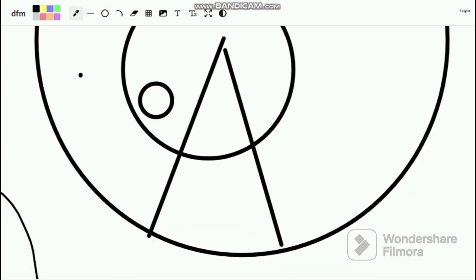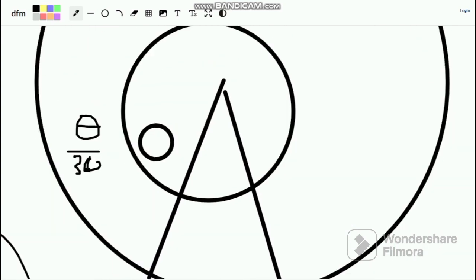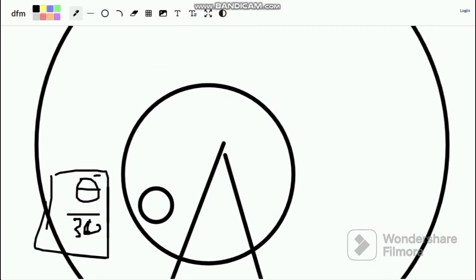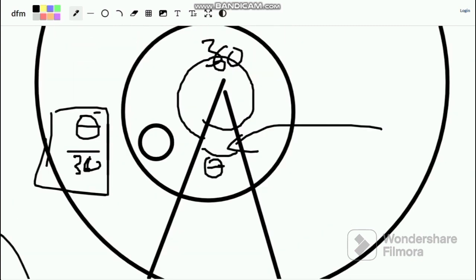It would be theta divided by 360. Theta is a Greek letter. If you are interested in history, you can just go on Google and browse it. So this angle is considered the theta, and this whole angle is considered the entire 360, and therefore from this particular angle we get theta divided by 360.